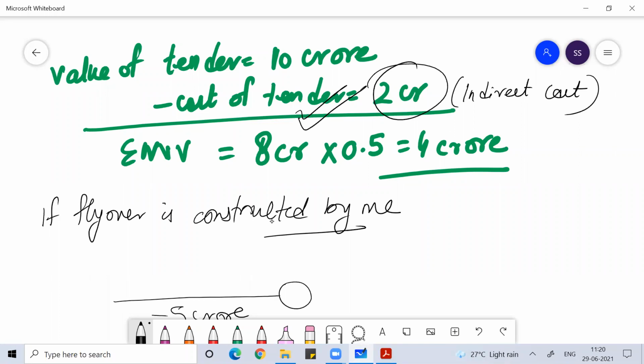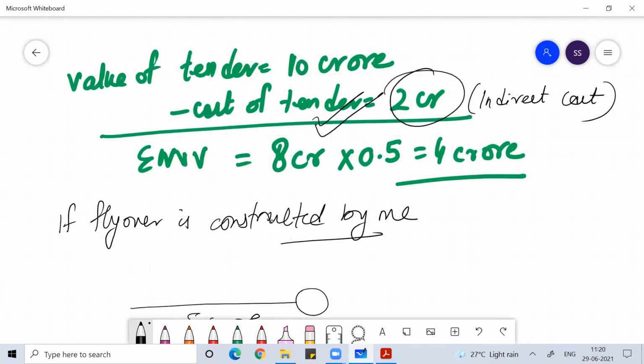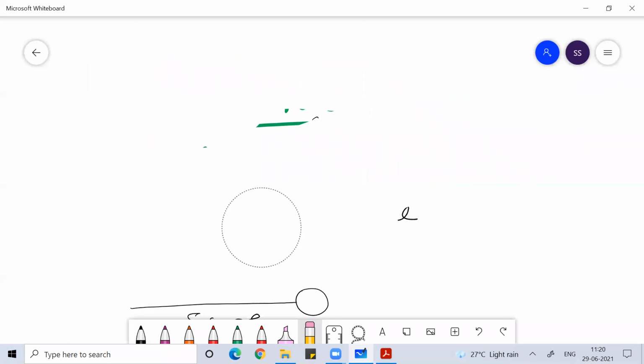So if I construct this flyover by myself, what all costs am I incurring? Direct cost: if I do the construction by myself, I need to put in a direct cost of 5 crore.